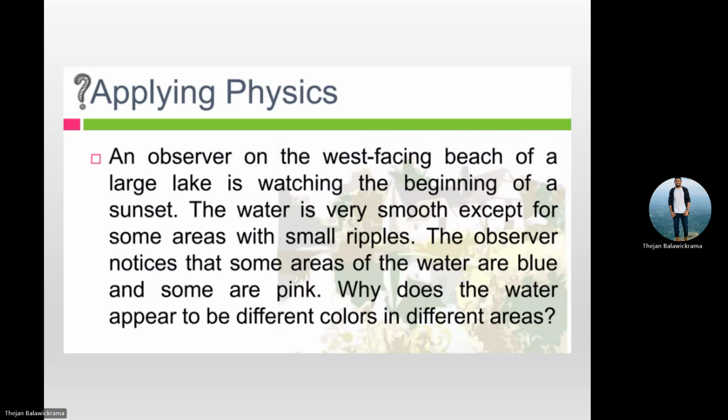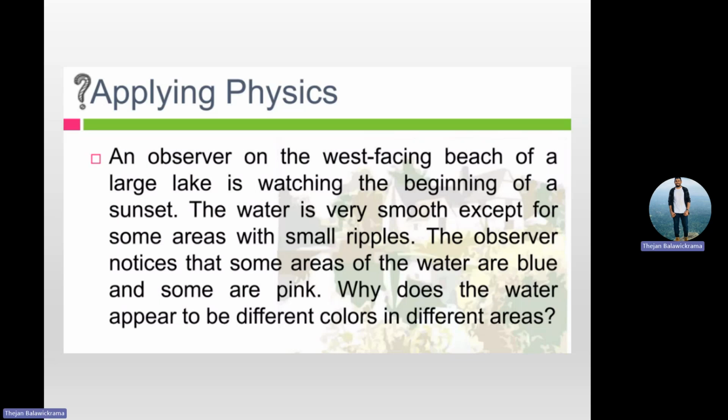Now the observer is facing the west, so that means the light is reflected from the same side. And small ripples are there. What will ripples cause? It's diffuse reflection. The majority of the area is flat, so there can be specular reflection as well.